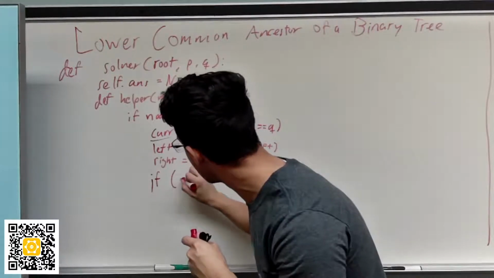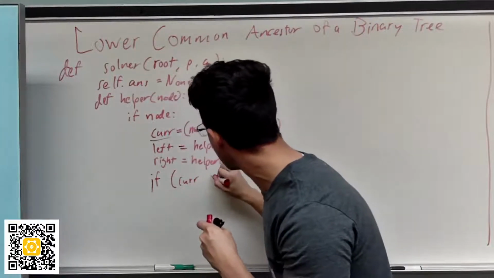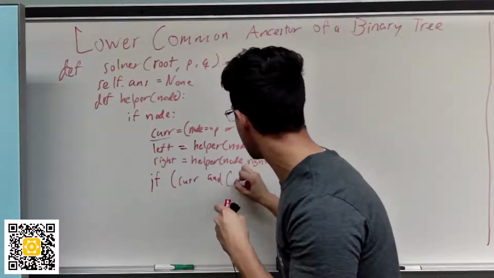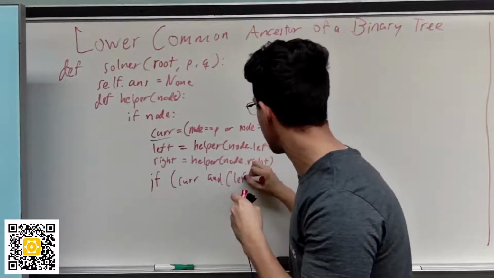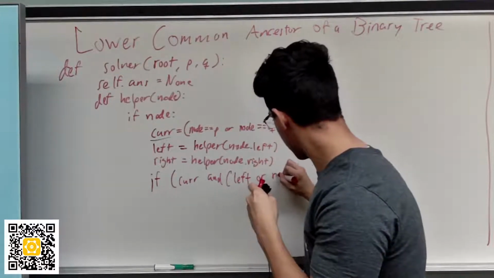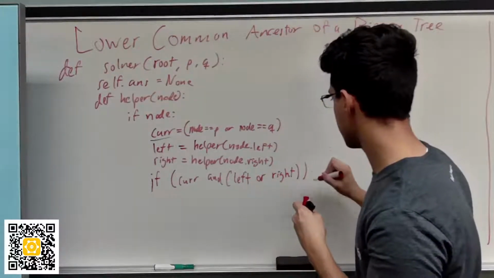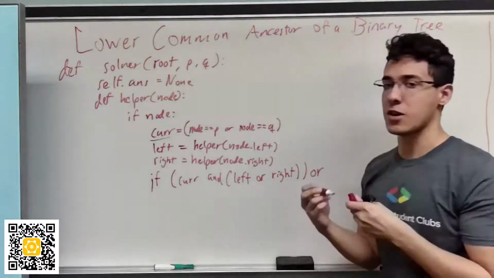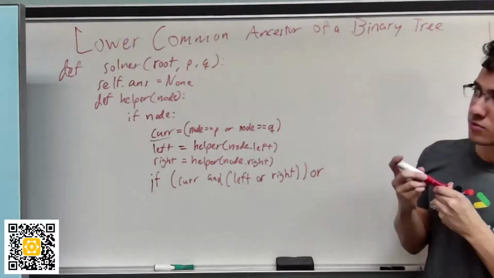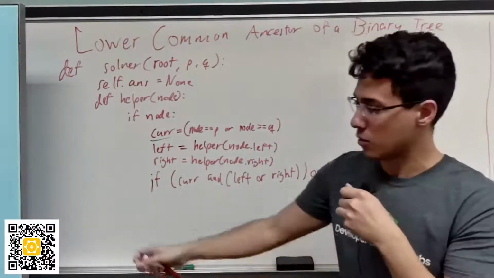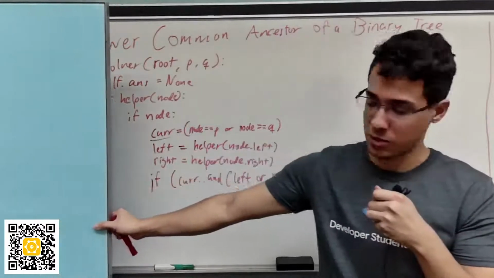If cur and another parentheses left. Okay. And there's another check. How about now when they're split up? One is in the left, the other is in the right. Bring it over here.